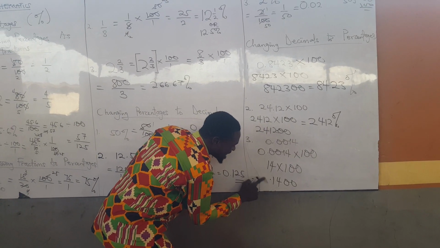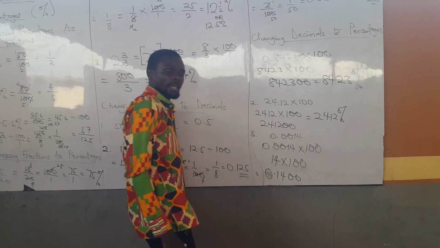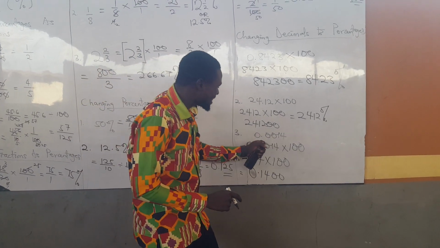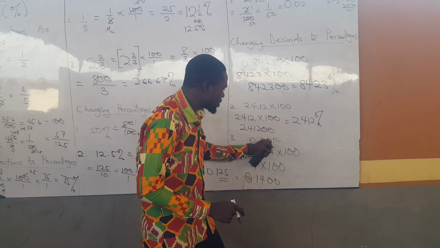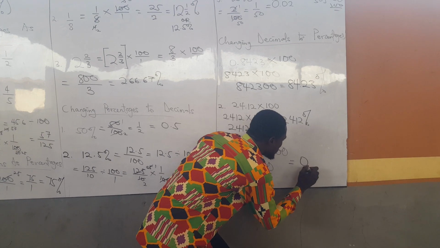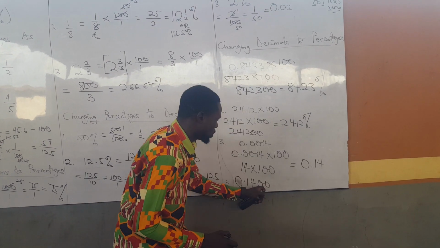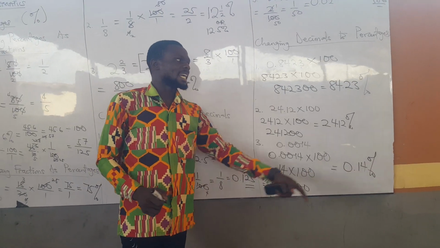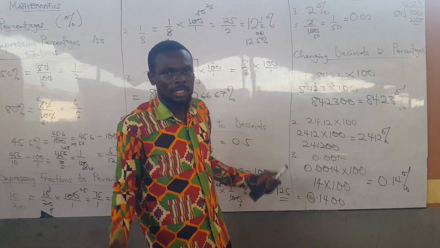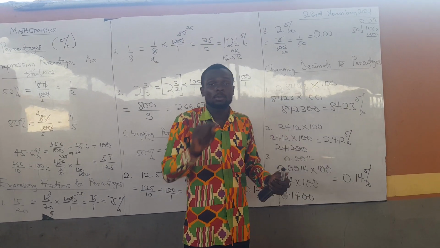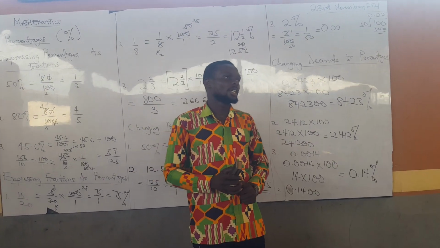Because there is no number here, we write 0. So this number, which is 0.0014, in percentage, is going to give us 0.14. Because you don't bring the zeros, but you have to bring your sign to show that it is in percentage. So anytime you are changing decimals to percentage, you just multiply it by 100.